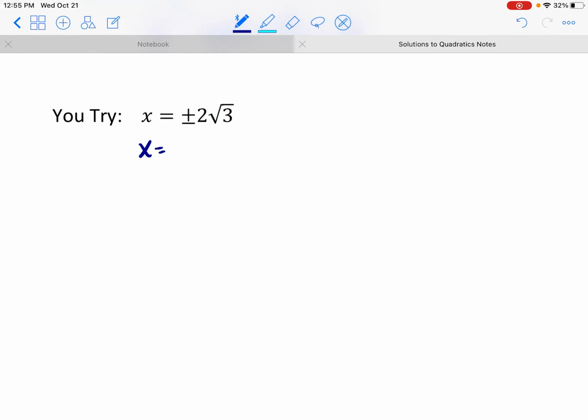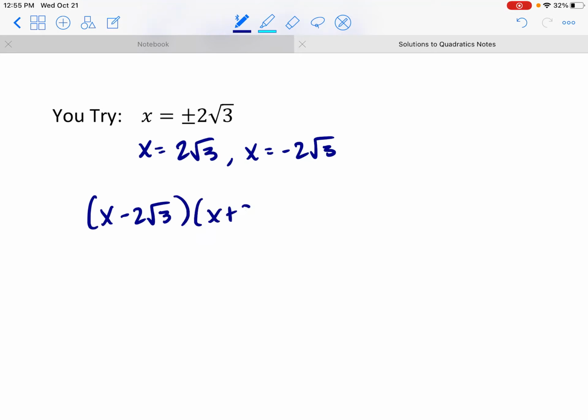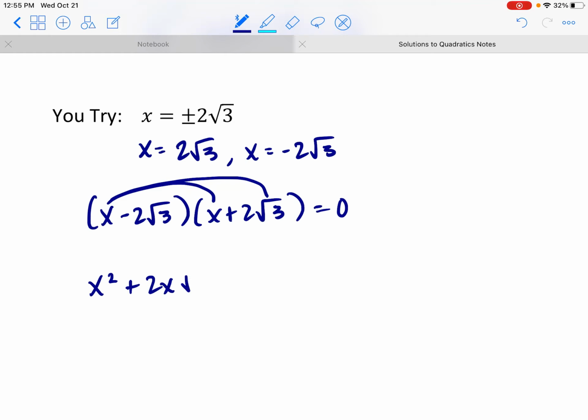But again, this is saying that 2√3 is a solution, and that negative 2√3 is a solution. So I could put x minus 2√3 and x plus 2√3 as factors. And I know that we don't see factors that look like that, but we can still use this to get to our standard form. So x² here, and this 2x√3 and negative 2x√3 are going to cancel.